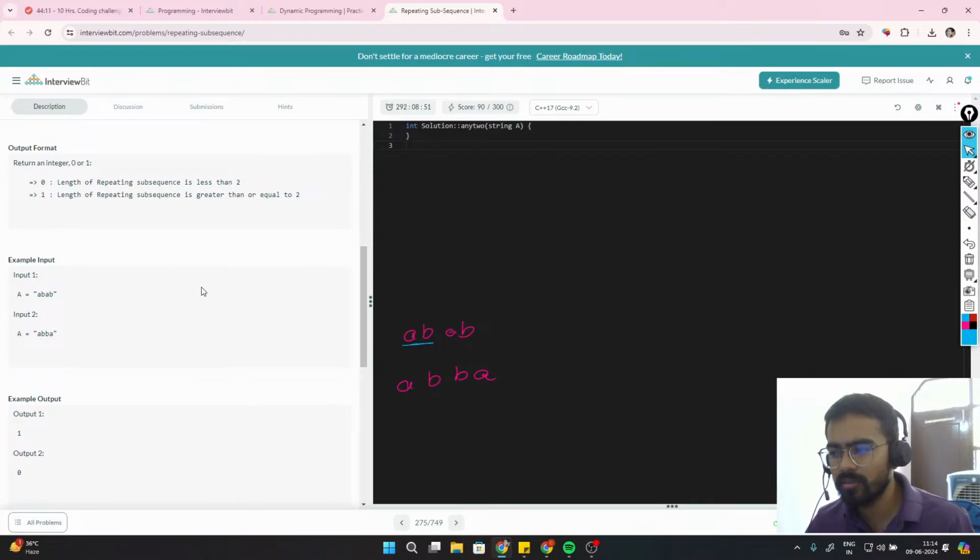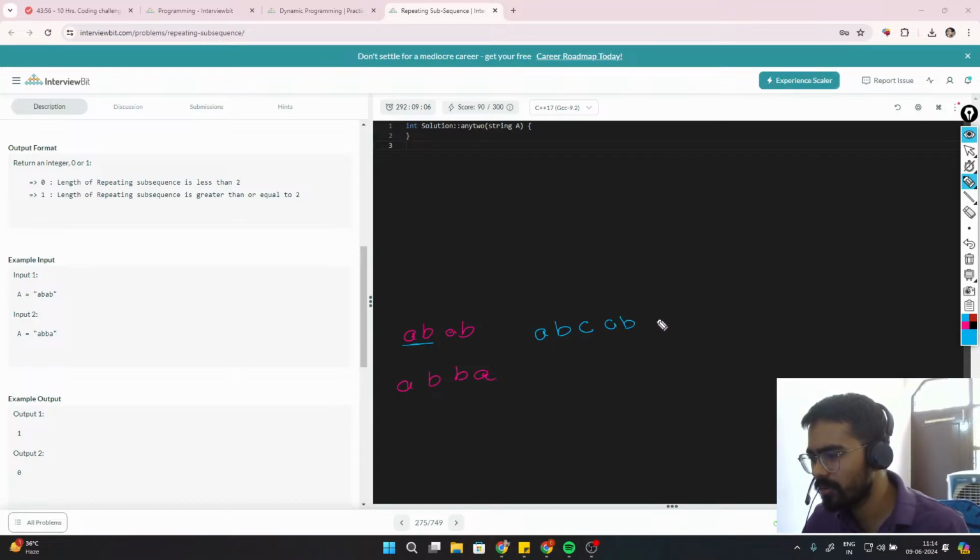Longest repeating subsequence. I just need to know whether, if I say ABC, and maybe I'll take AB and ABC, whether this has something or not.